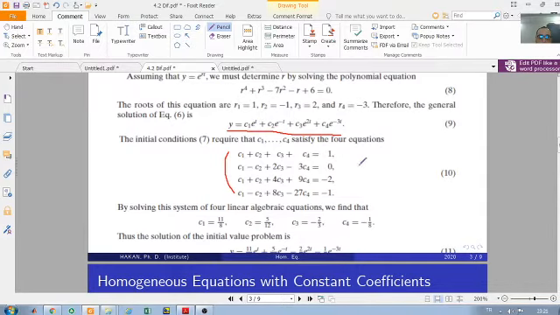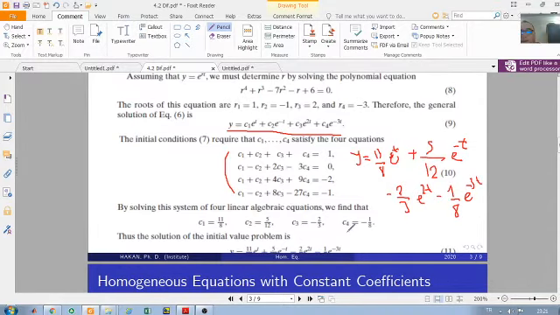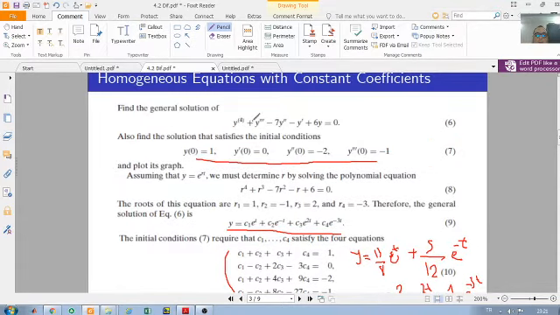Namely, the solution can be written as 11 over 8 e to the power t plus 5 over 12 e to the power minus t minus 2 over 3 e to the power 2t minus 1 over 8 e to the power minus 3t. This is the exact solution of the differential equation given here.